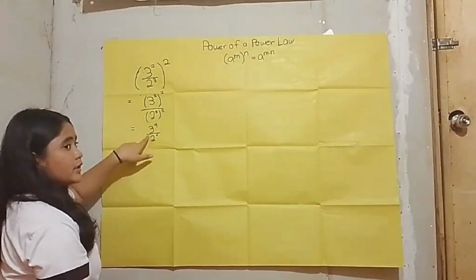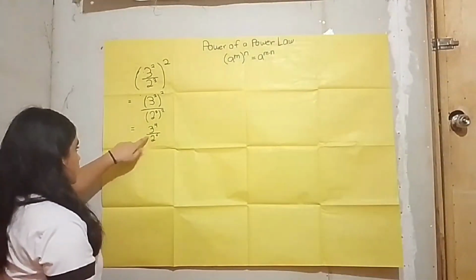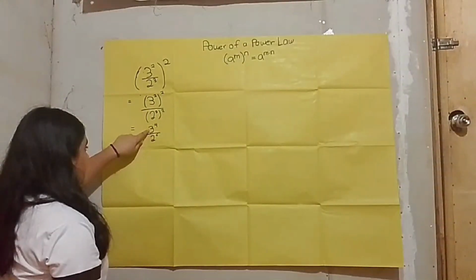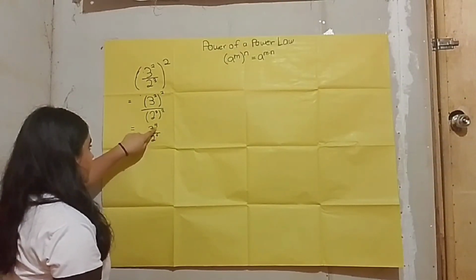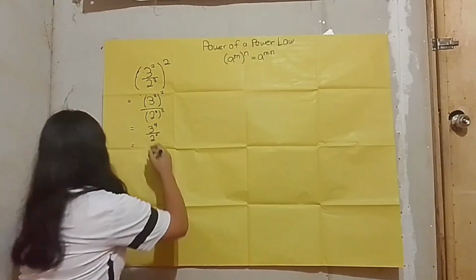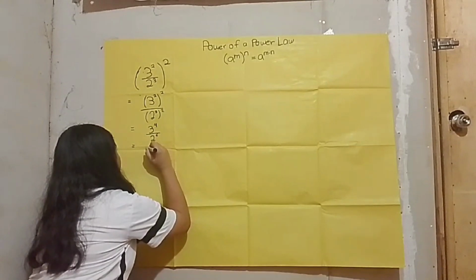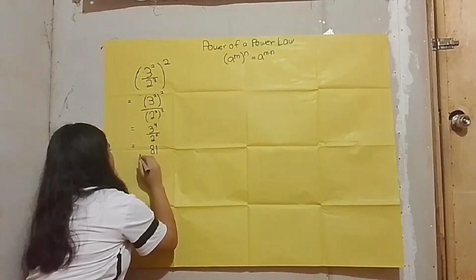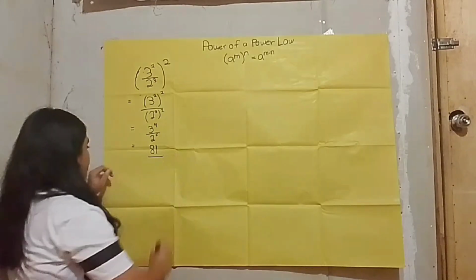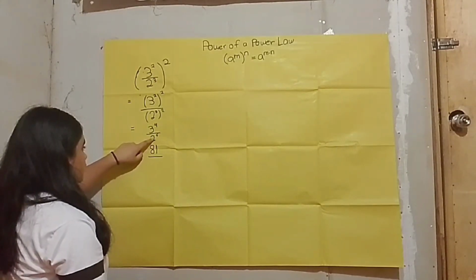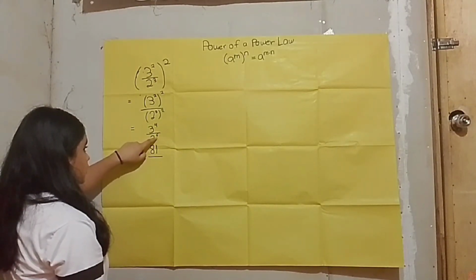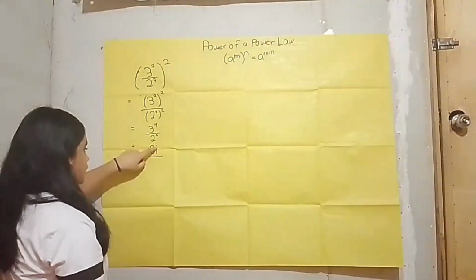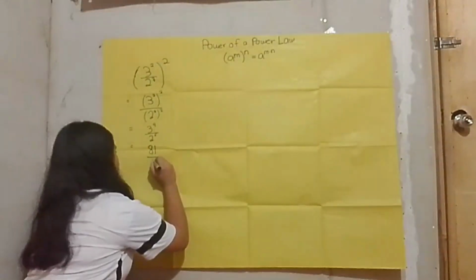So we simplify this. 3 to the power of 4 is equivalent to 81, over 2 to the power of 6, which is equivalent to 64.